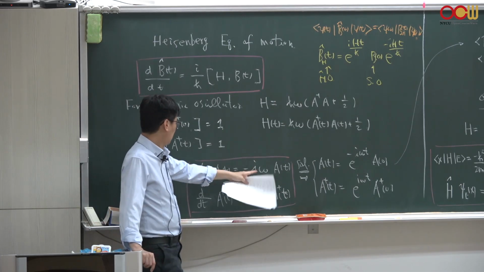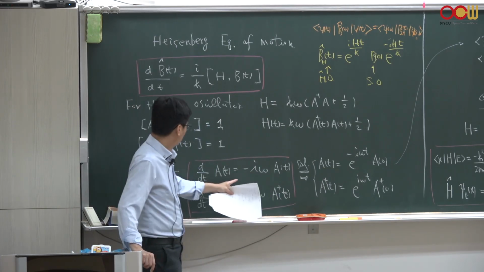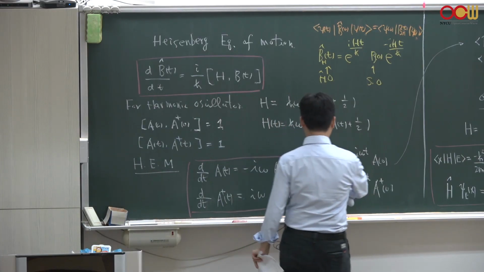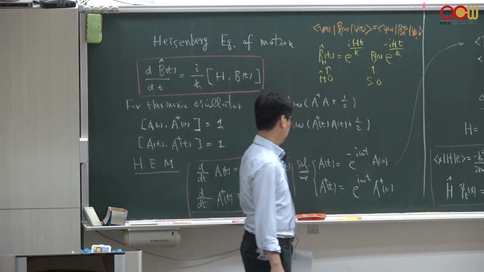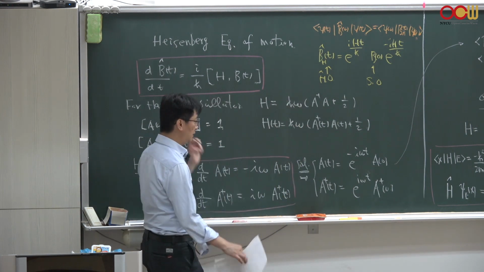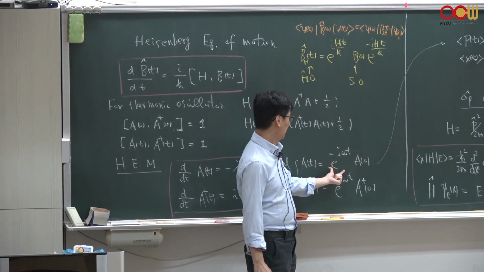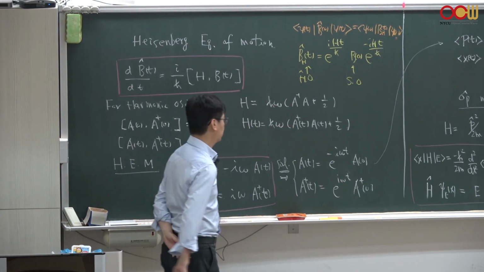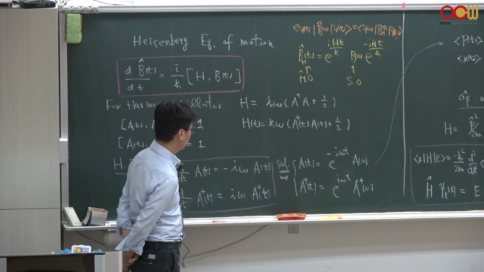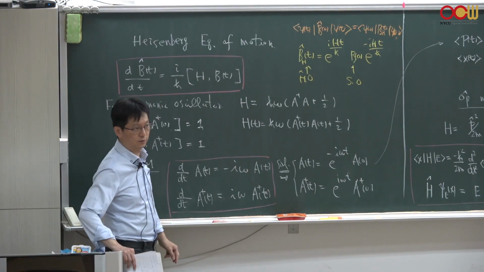Plug in everything, you get this equation, and these two equations can be easily solved, and this is the solution. This means that the A or A dagger operator will time-evolve by this exponential factor of e to the plus or minus i omega t, where omega is the same omega as in the harmonic oscillator Hamiltonian.